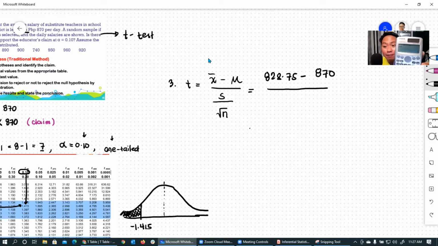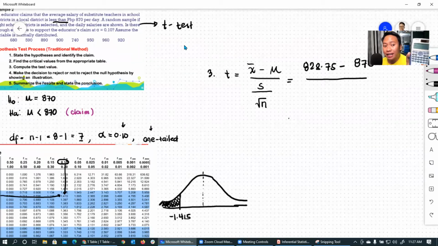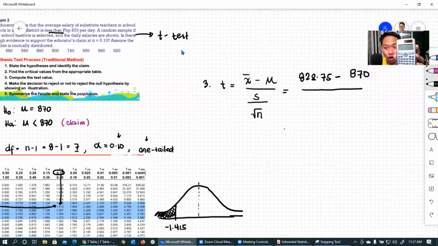Because the data that I have already plugged in, these numbers, 680, 590, 890, is already the sample. So I would just have to solve for the standard deviation for that one, because it's already the sample coming from 8 sample school districts.